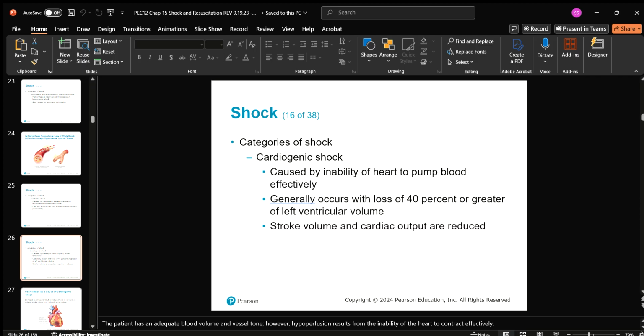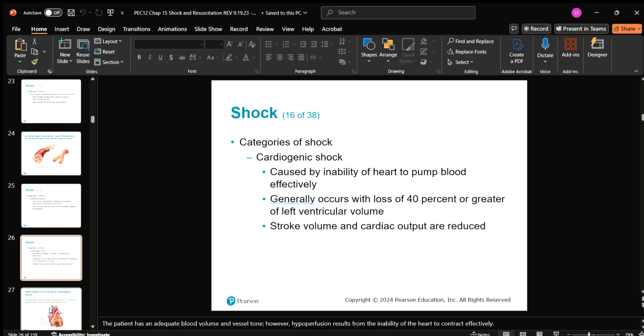Pericardial tamponade. That's one. What's another one? When I put a dressing over it, a lot of pressure builds up, and it's called a tension pneumothorax. That's two.